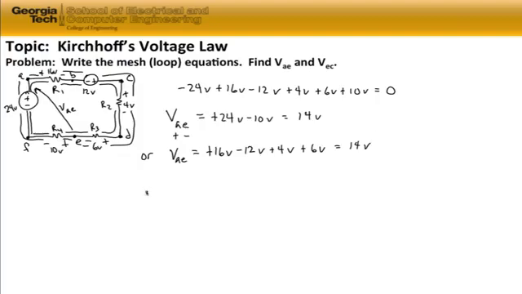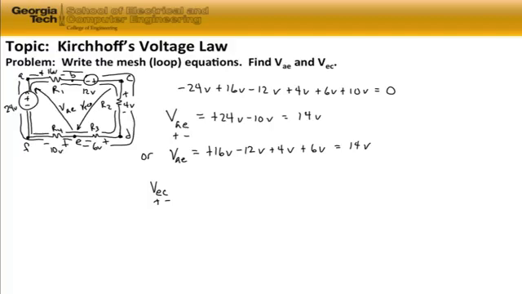The second part of this problem is to find VEC. VEC is the drop, plus to minus again, from E to C. So we can draw an arrow, putting the arrowhead at E, that's VEC. We're going to start at E, and we can go either direction around the circuit to find the voltage drop.